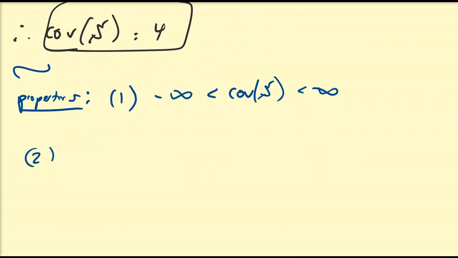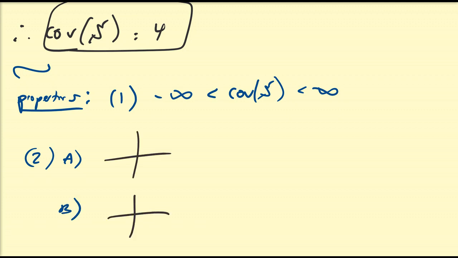Now another property is associated to the graphs, and I will draw two possible scenarios, or there's actually more scenarios than this, but let's assume we have these types of scenarios. So let's assume we have that, and we have something like this. If the data seems to be positively correlated, typically this is going to imply that the covariance of S is going to be a positive number.